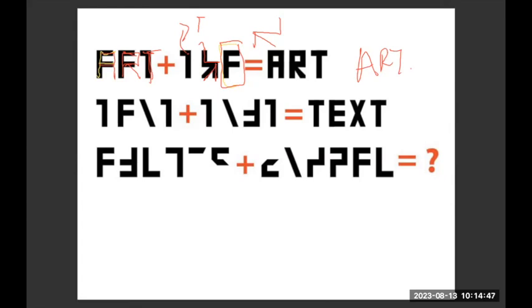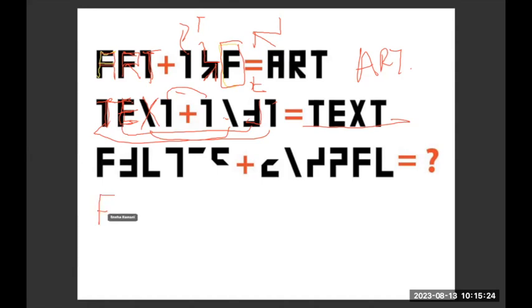Next part, T. This and this part, T. E will become like this. This gets flipped. This gets formed. This gets flipped here. Then these two. So we get this. Here, what happens? We have this part.